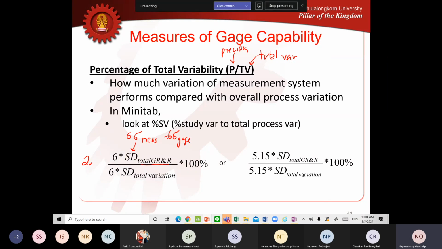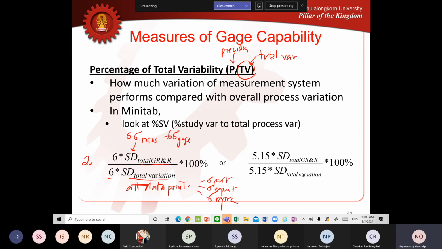And for this indicator, we compare it with total variation, not tolerance anymore. Total variation here is 6 sigma total. Remember, sigma total is quantified by all data points, which include sigma of the parts, sigma repeat and sigma reproduce, right?